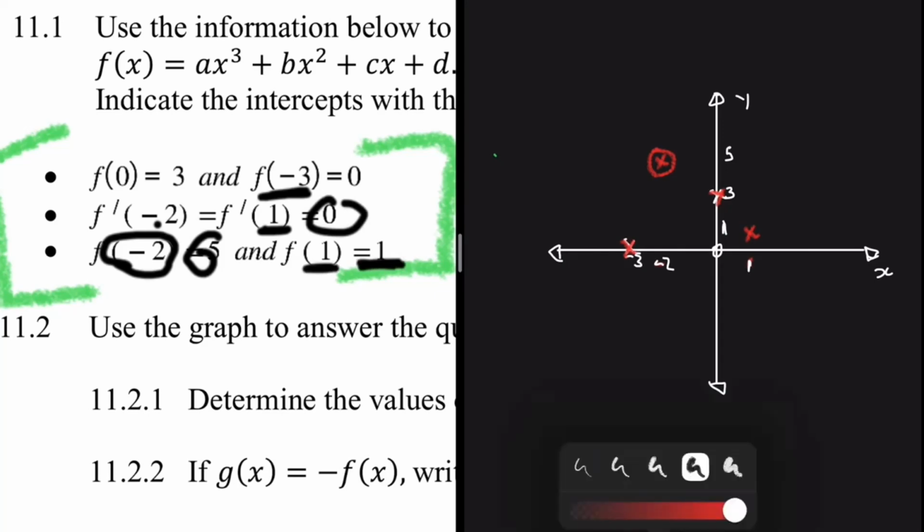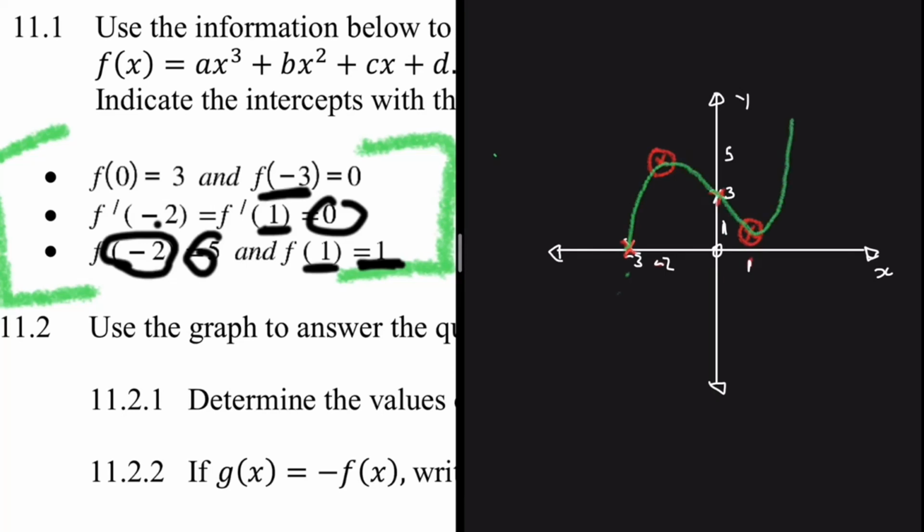So here at this point, we have another turning point. So now you can see how your graph is going to look. So we have this turning point here. So we're supposed to turn. And then when we come to this point, we're supposed to turn again because it's a turning point, right? And then it keeps going up.